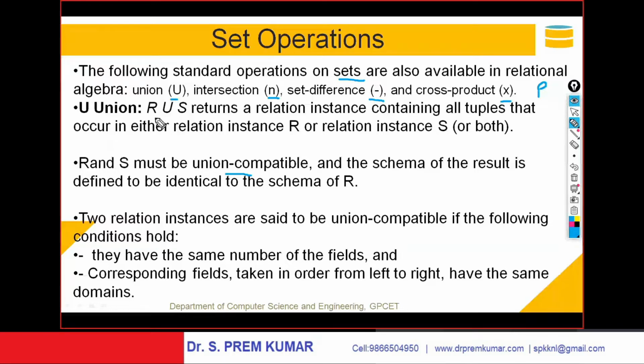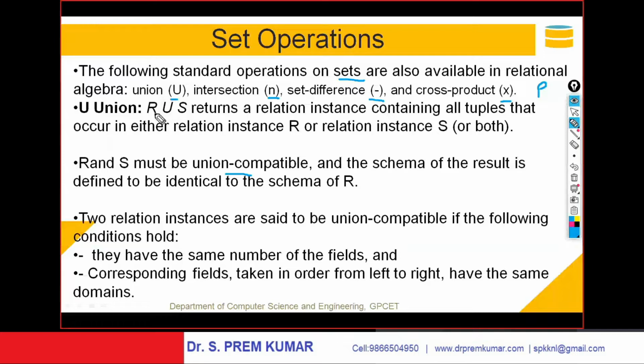The first point: the same number of columns should exist in both the relations. The second point: the same order of columns should exist. Third point: data type compatibility should be there. In R, if the first column is integer, in S also the first column should be integer.